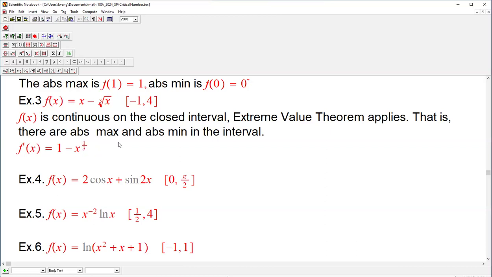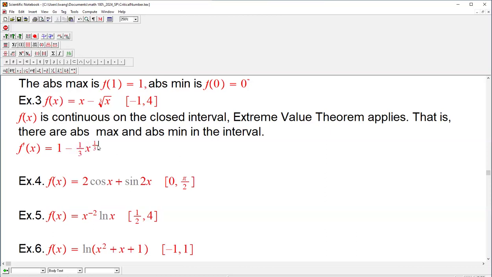We apply the power rule: take 1/3 down and subtract 1 from the exponent. So right there, you get 1 minus 1/3 of x raised to the power of negative 2/3.